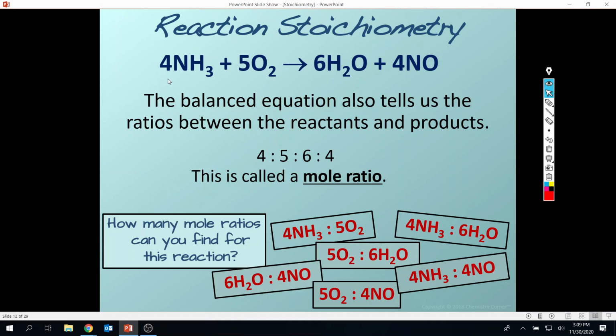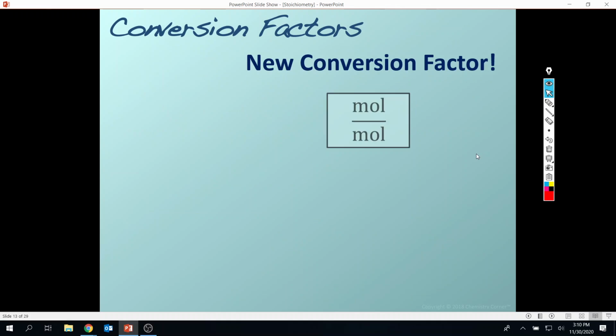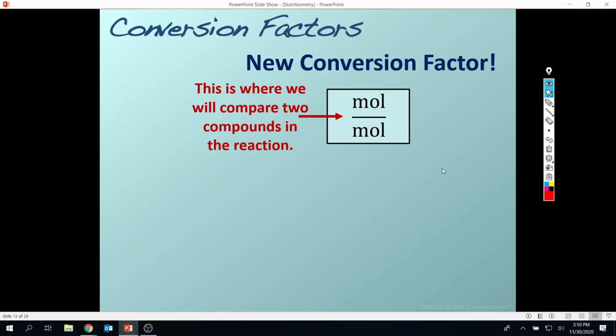Or how many moles of ammonia to how many moles of water? 4 to 6, yes. And so that's going to be our conversion factor here. It would be like 4 to 6 or whatever to whatever, depending on which two chemical compounds you're comparing. All right? And you pull your ratio from your balanced equation.